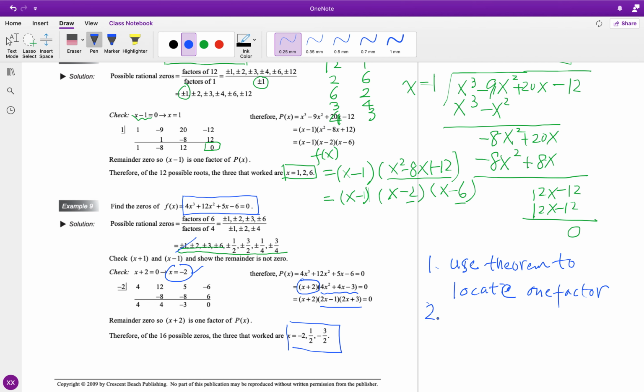Now the second is using the long division. So use the long division to locate or determine the quadratic function.